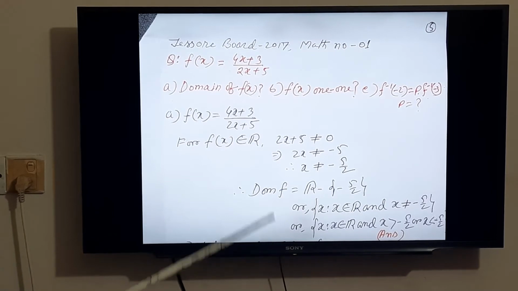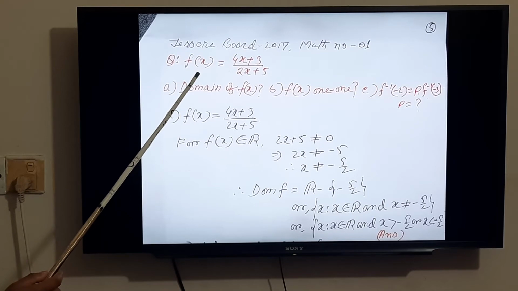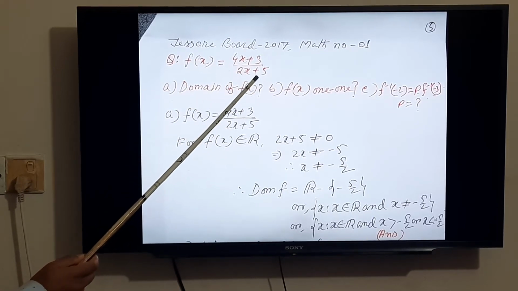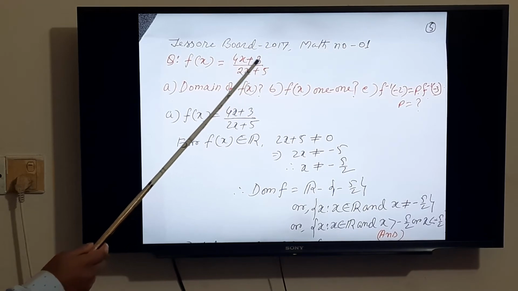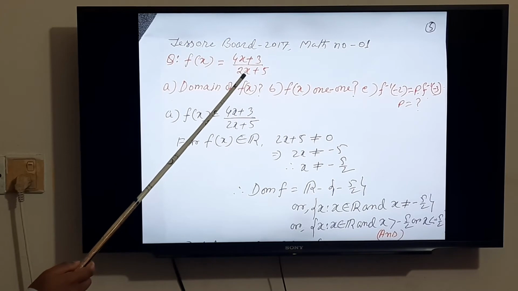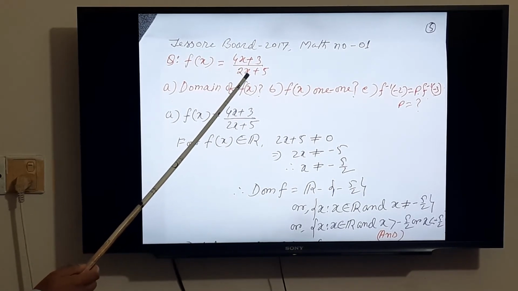Domain is the values of x for which f of x is defined. For which value of x will this function not be defined?